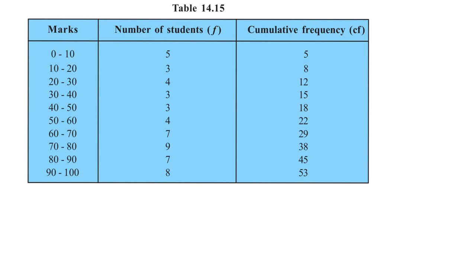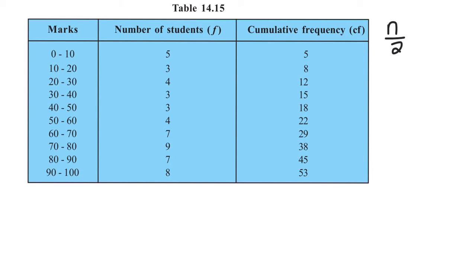But which class should this be? To find this class, we find the cumulative frequency of all the classes which we have done and n over 2. So we will find the cumulative frequency of all the classes, and also we will find n over 2.